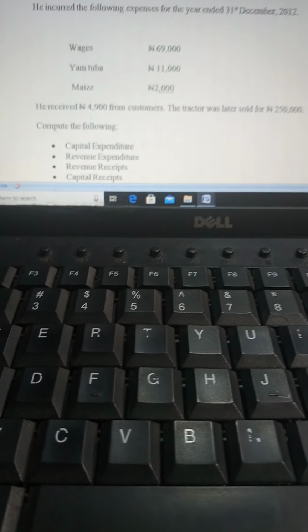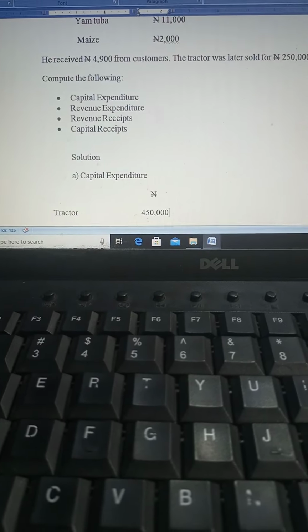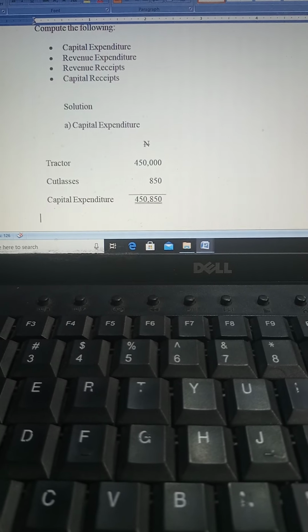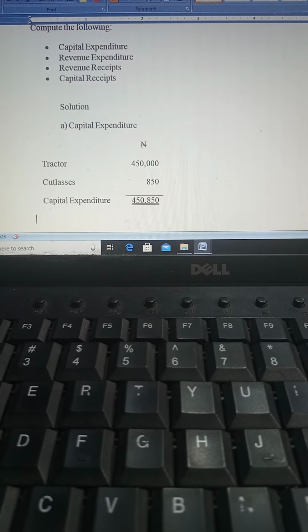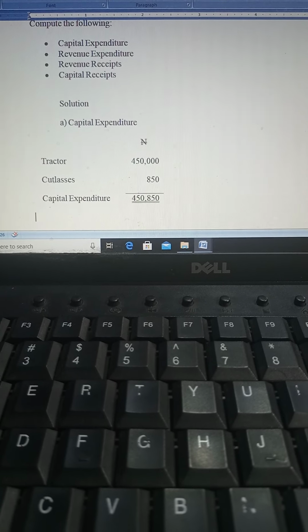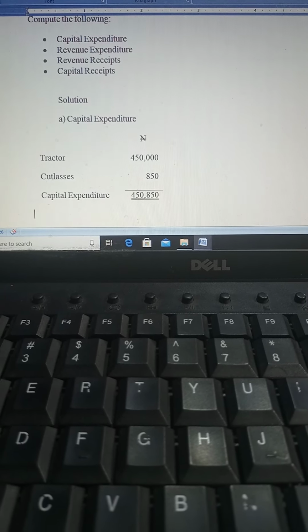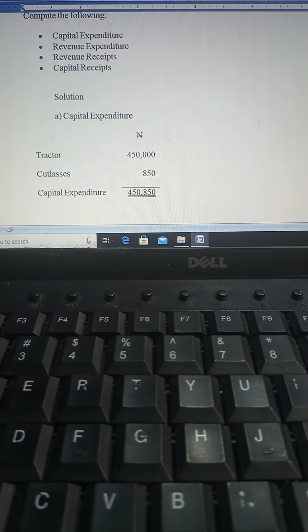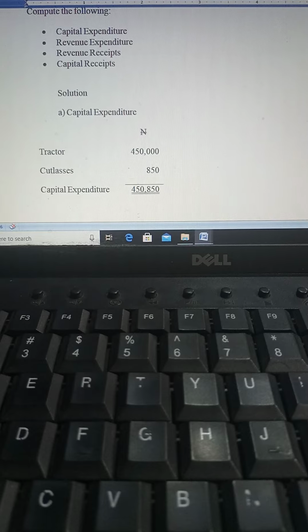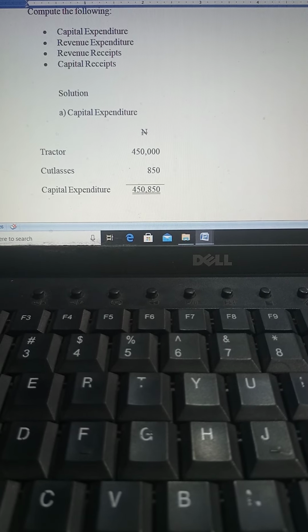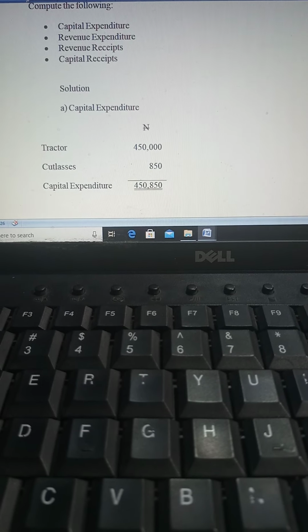So here is the solution, capital expenditure. We can see from the question that the tractor was bought for 450,000 naira. That's the cost of the tractor. Then cutlasses. The two cutlasses cost 850 naira.